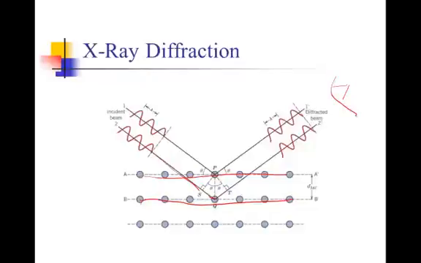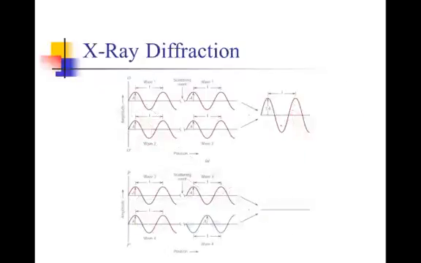they will shift, and their vibration may be in phase or out of phase with the X-rays that reflected from the top. And if they happen to be in phase, that's this top case here, where the peak of one X-ray still lines up with the peak of the other X-ray, and the trough lines up with the trough.